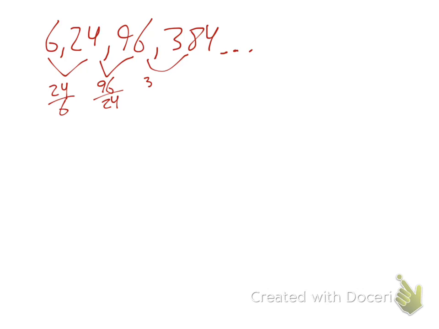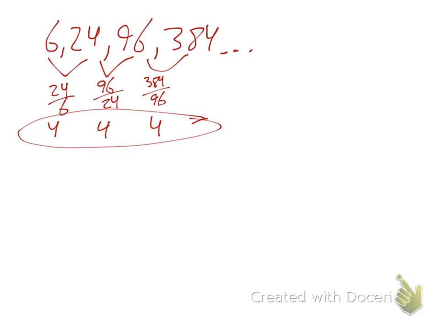And what do we find when we divide these? What is 24 divided by 6? 4. What's 96 divided by 24? 4. What's 384 divided by 96? 4. That's the same. This is r, a common ratio. So therefore, this is geometric.